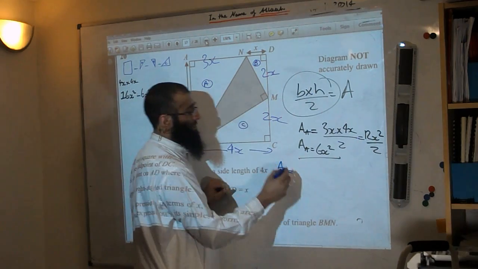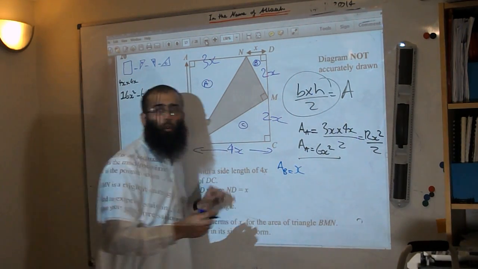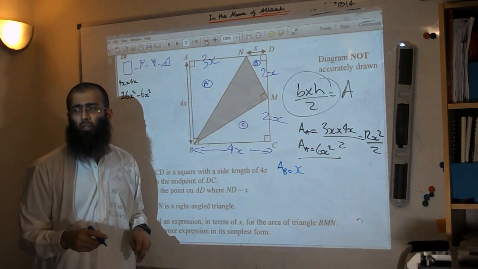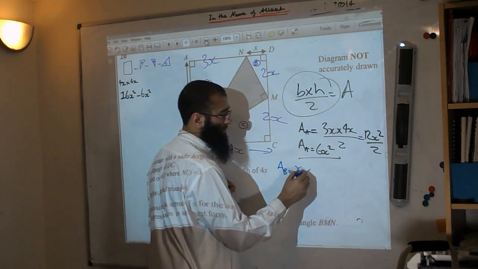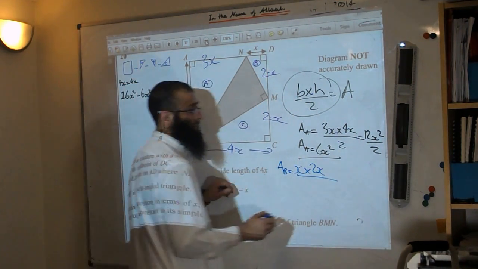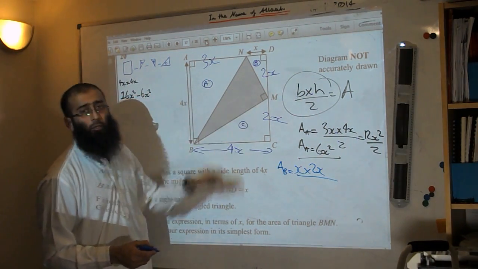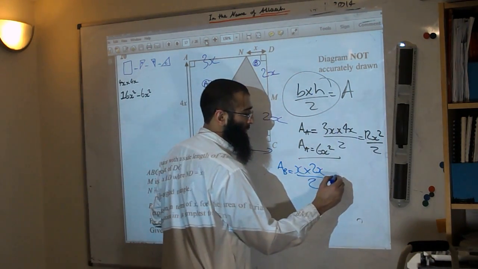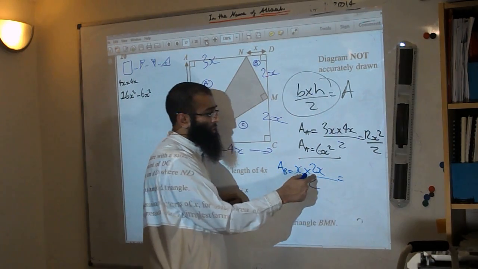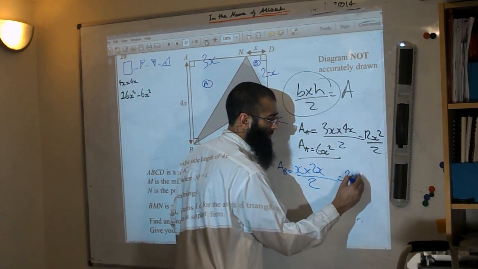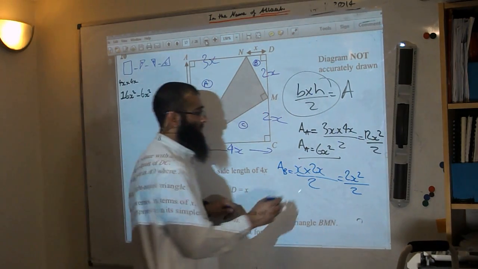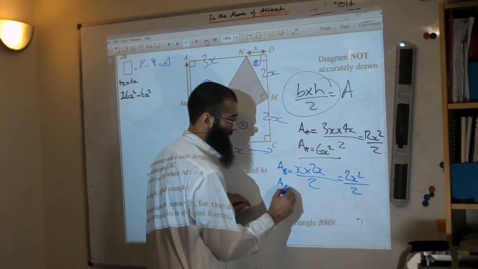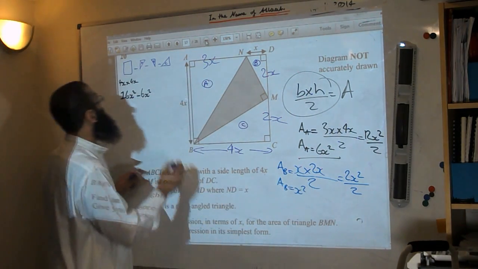So the base is x. Yeah, we know the x coefficient is 1, but that's not the same as x. And the height is 2x. So the base times by the height and then we divide it by 2. So x times by 2x will give us 2x squared divided by 2 is x squared. So we put that over here.